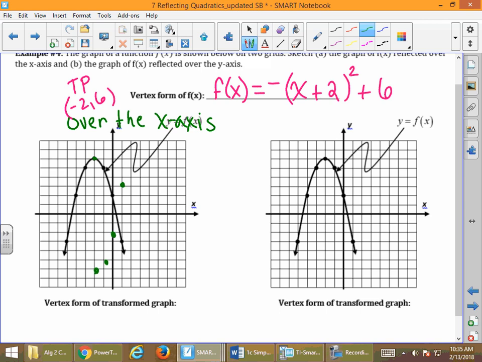You probably see the pattern. We're flipping this graph over, as we say, and flipping it over is reflecting. So negative 3, 5 becomes negative 3, negative 5. And negative 4, 2 becomes negative 4, negative 2. And negative 5, negative 3 becomes negative 5, positive 3.